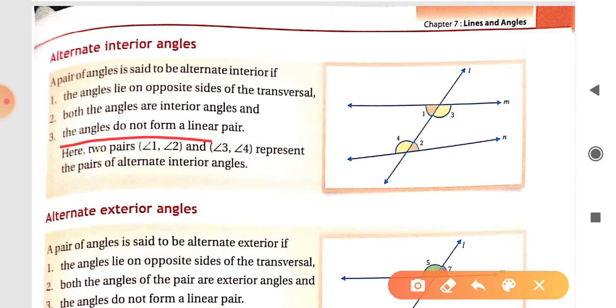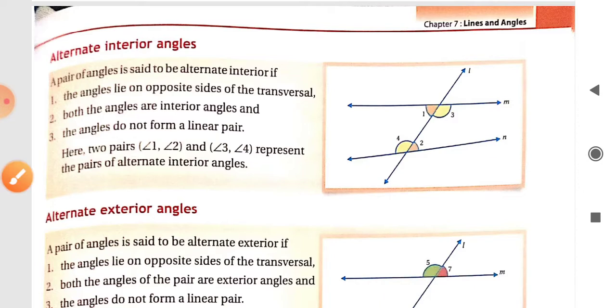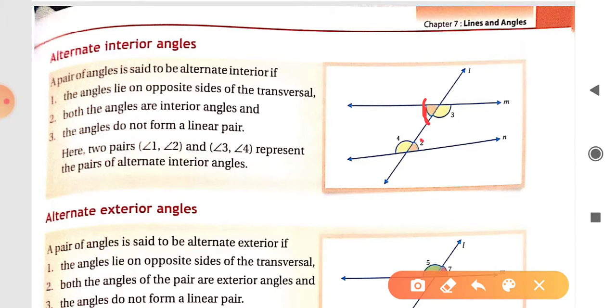In this example, M and N are two lines and L is a transversal line. Here angle 1 and angle 2 are colored with the same color, and these are alternate interior angles because all three conditions are satisfied. Angle 1 is on the left side of the transversal and angle 2 is on the right side.